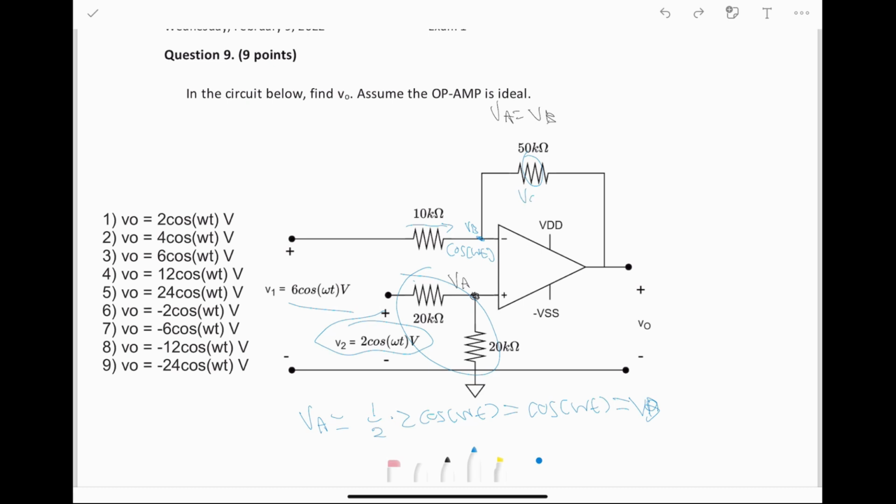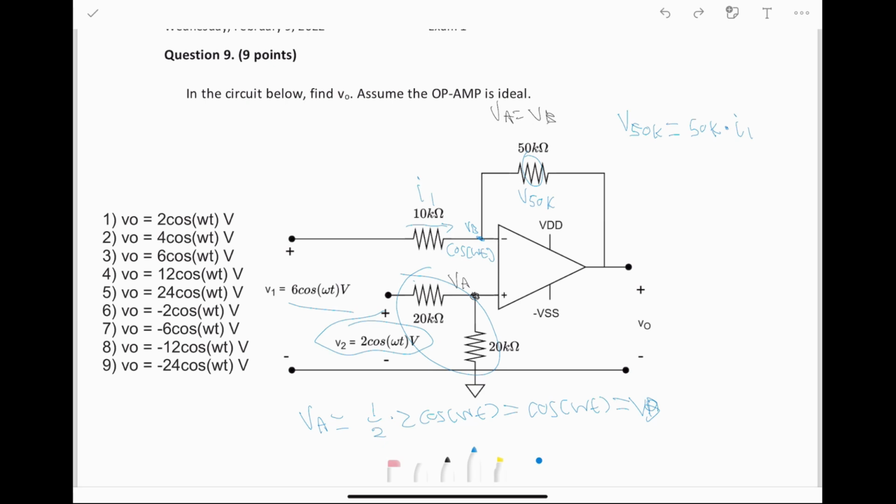Let's call that V50K. So V50K is just going to be equal to 50K times I1, whatever the current is going through this part of the circuit.